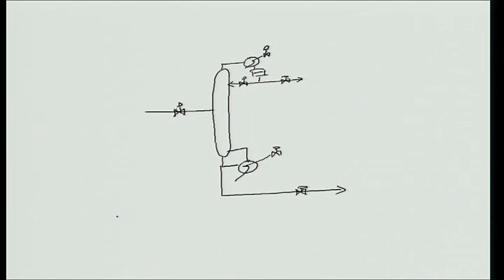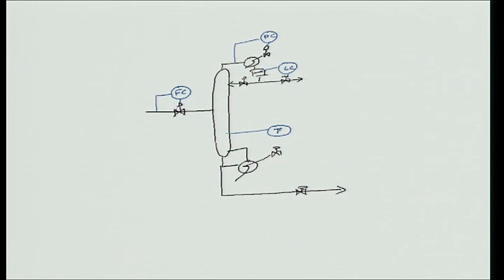So conventionally what is done is you have your throughput manipulator here, this is set probably by an upstream process, and the conventional way of doing things is this is under pressure control, this is under level control, I just say this is under temperature control.